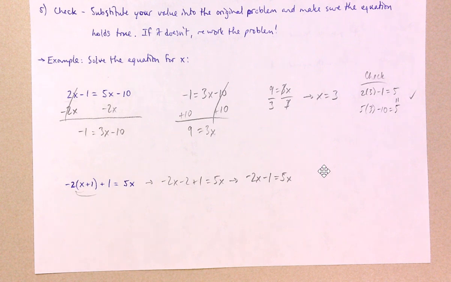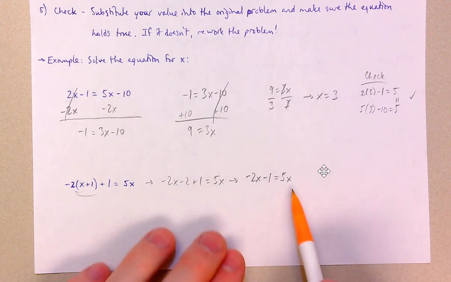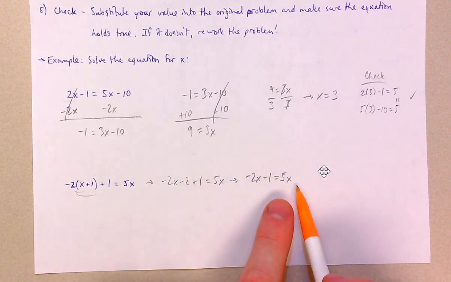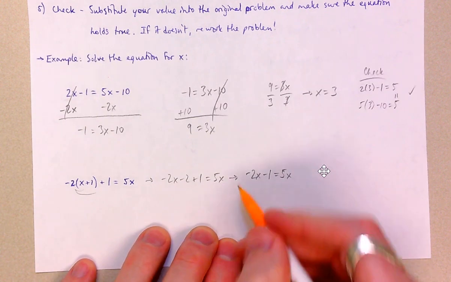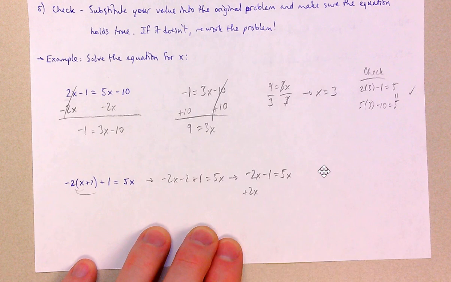Now that we have each side simplified, we get all the terms that contain the variable, the x, onto one side. I'm going to choose to move all the x's onto the right side. So I need to get rid of this guy. I do that by adding 2x, because I have a -2x there.